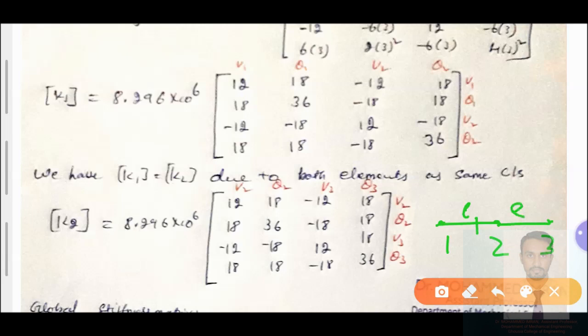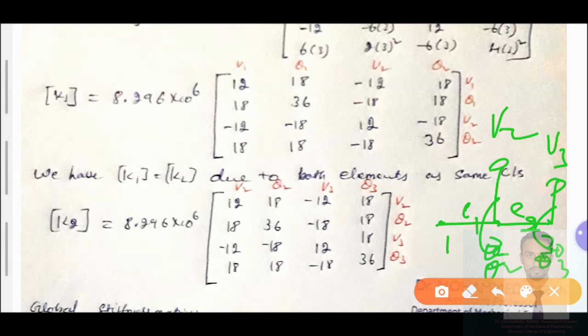For element number 2, the characteristics at node number 2 are represented as V2 and theta 2, transverse displacement at node number 3 is V3, and rotation at node number 3 is theta 3. Based on these four characteristics, we need to give the row and column names of the matrix. First, I'll consider V2 at node number 2.